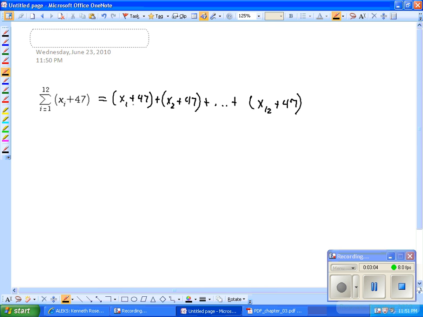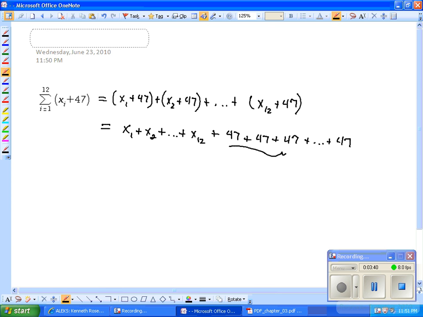Now, how many times am I adding 47 in this array of data? Well, I would be adding 47 12 times because there's 12 of these. So what do I have here essentially then? I have x1 plus x2 plus dot dot dot, all the way up to x12, plus 47 plus 47, and if I split it up, 12 times.